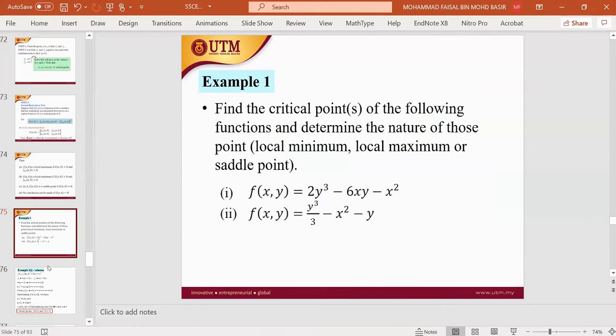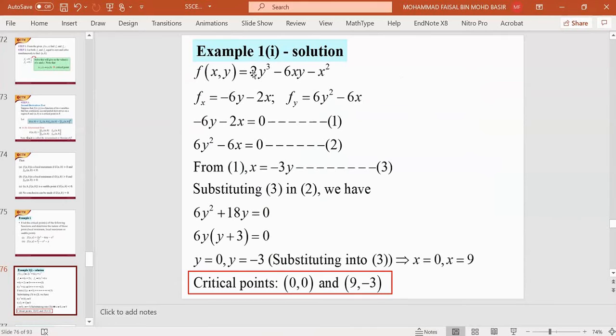So if you see here, fx from here. As I told you before, to find this with respect to x, y is constant. For fx, this part will be 0, and this will be negative 6y minus 2x.